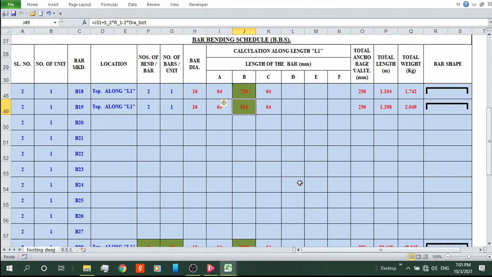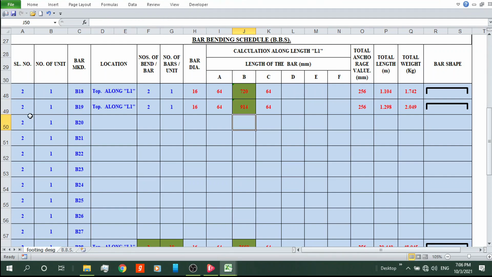This is our bar bending schedule for top bar along L1. This is first bar. This is A2 bottom minus 2 dia of bottom bar. This is A2 plus actual spacing provided into increment minus 2 dia of bottom.